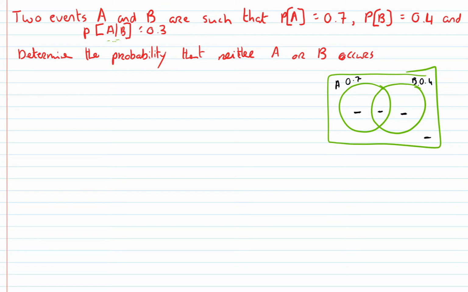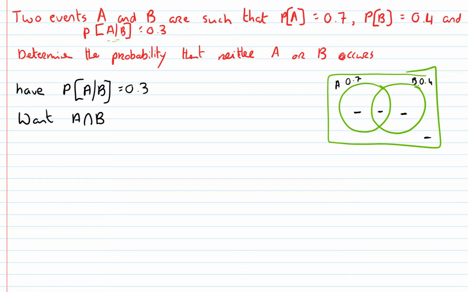Okay, so let's see what I have. Well, I have the probability of A given B. That's 0.3. But I want A intersection B. Now, do I have a formula to give me A intersection B?